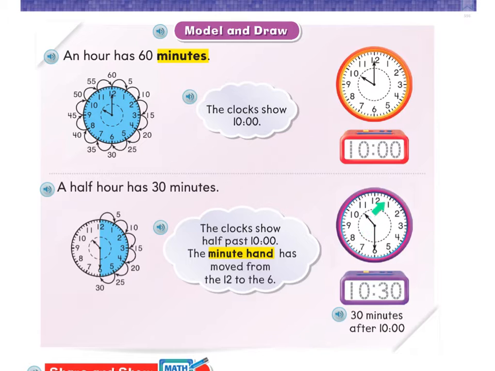If the hour hand is between the 12 and the 1, you actually go for the 12. But other than that, you always think about the lesser number because it's moving from the 10 to the 11. So we're still at 10, but we're half past, so we're at 10:30. This is how you write 10:30 on a digital clock. So 10 hours, 30 minutes, half past 10.